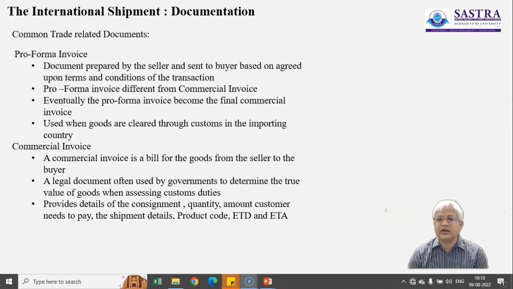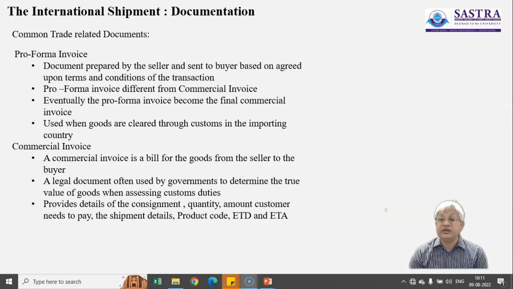The bank of the supplier country and the bank of the buyer country have to link with each other and inform their respective stakeholders of making the payment, and once the payment is received, the bank informs the supplier, because keep in mind the payment is made in a currency which is not the supplier's country's currency. It is neither the buyer's country's currency if he is not an American, or if the buyer is not in America.